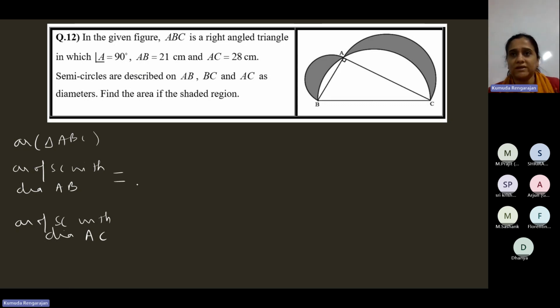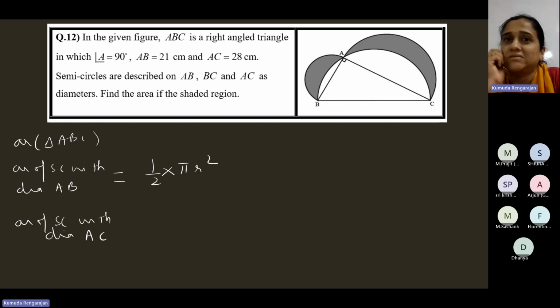Now when you're finding the area, pi r square by 2 or half into pi r square. Don't use the value of pi if you don't have values that can get cancelled. Like here, 21, 28, yes, you can use the value of pi. So it depends on the situation. Here you have 21 and 28, so when you write 22 by 7, 7 and 21, 7 and 28 will get cancelled.